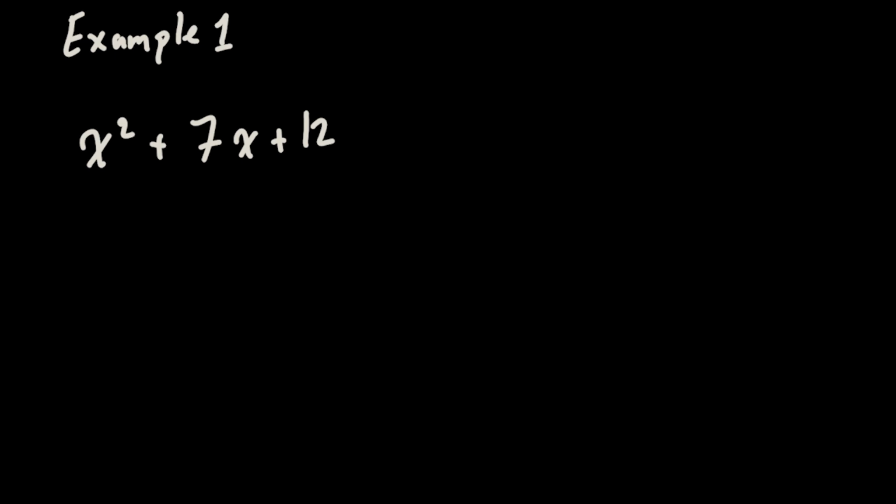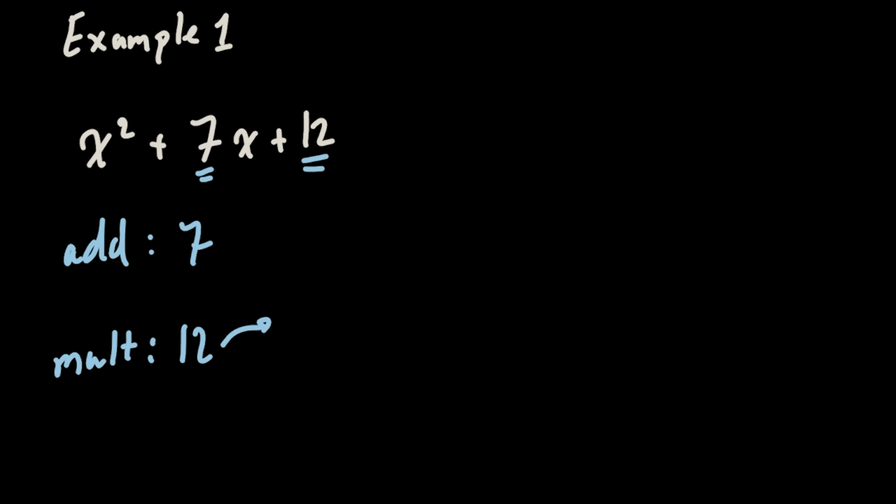Let's see an example. We want to factor this expression here. In addition, we will get 7, which is this number here, and in multiplication, we will get this number here, which is 12. So let's think together.